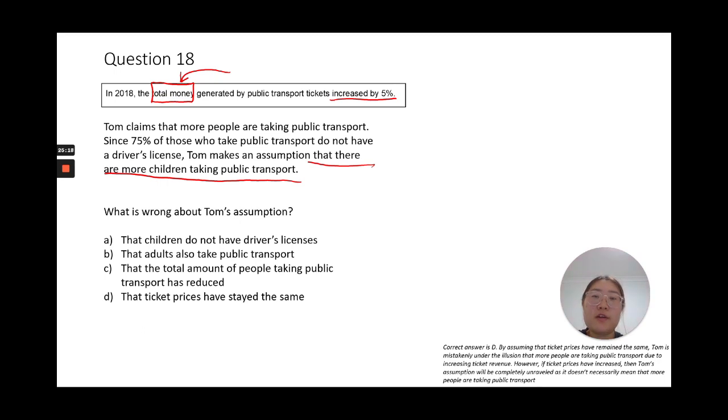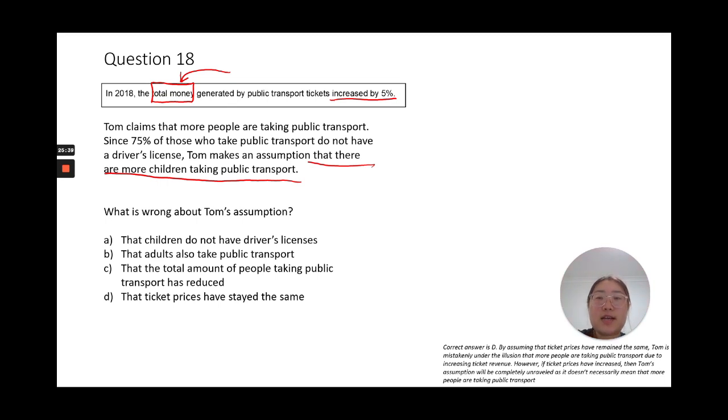A very possible reason for that increase is something called inflation or a price raise. They might have increased the ticket prices, and that's why the total money generated, or the total revenue, has increased altogether.